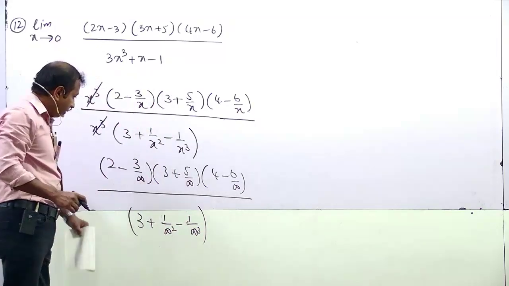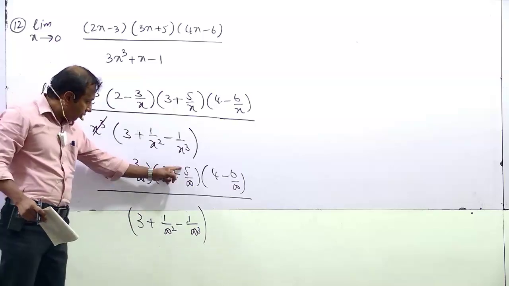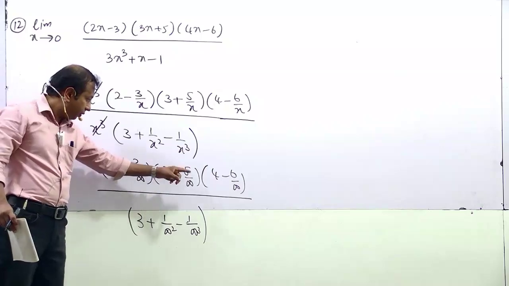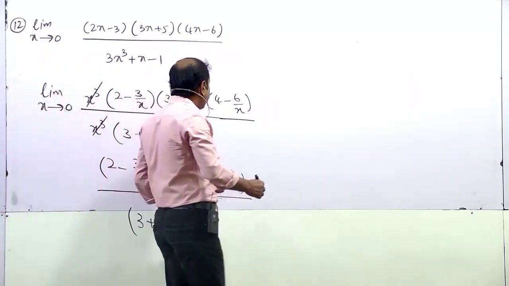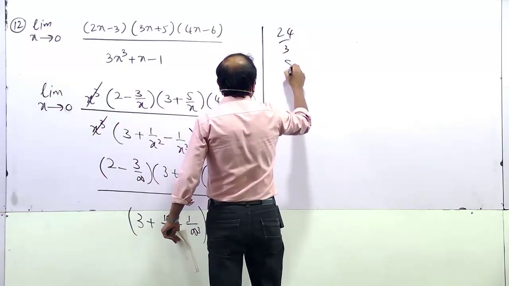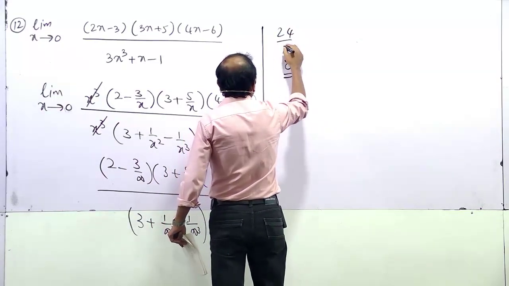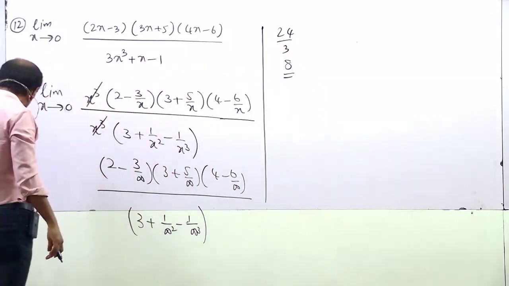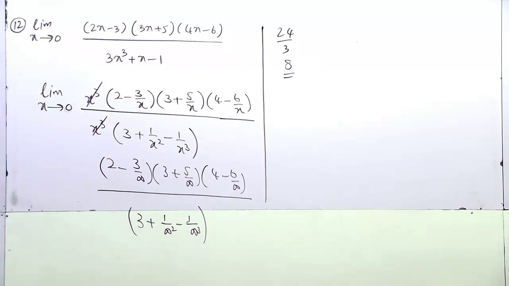Yes. This is 0, this is 0, this is 0. We get here 24 over 3. 24 over 3, that means 8. Right. It's okay.